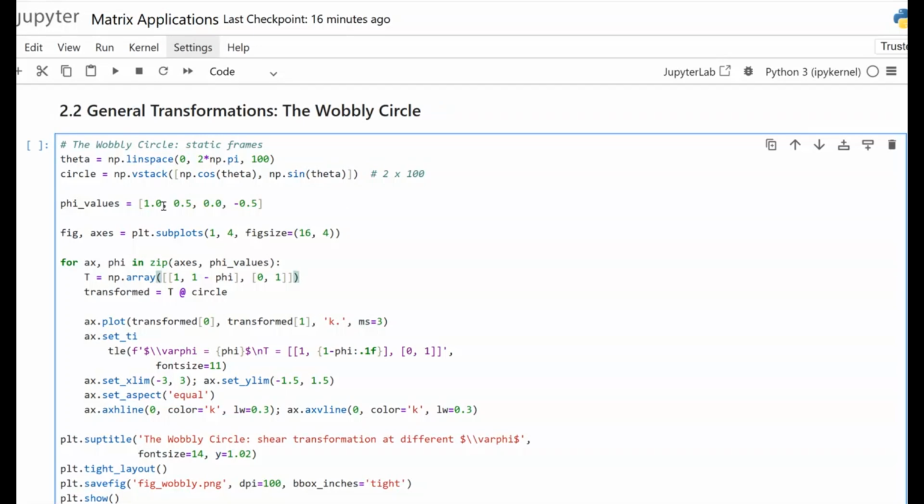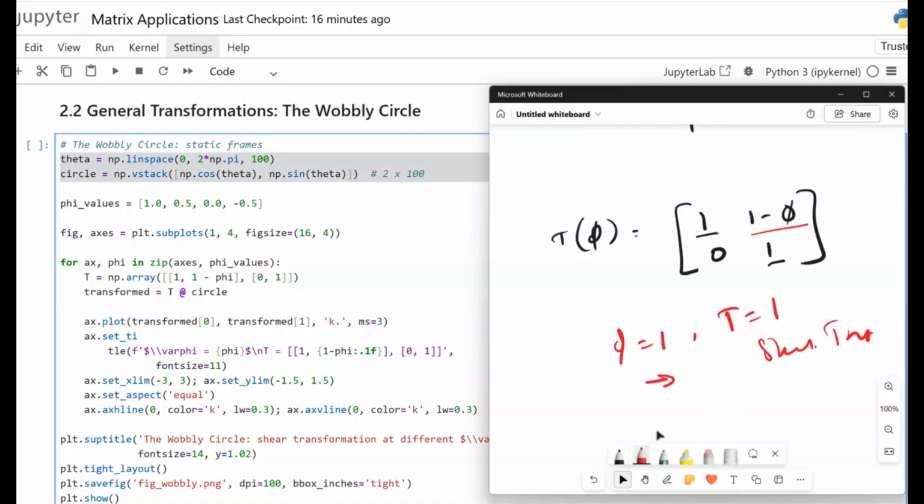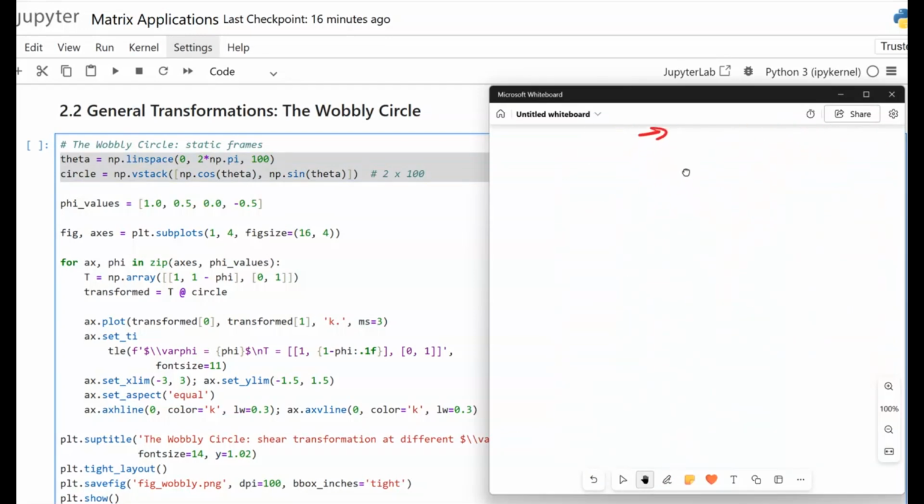Kindly see here, let me define theta, a linspace with 100 coordinates, and the circle, which has a shape of 2 by 100.